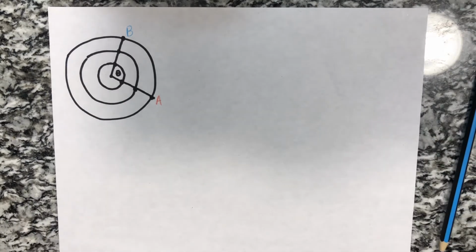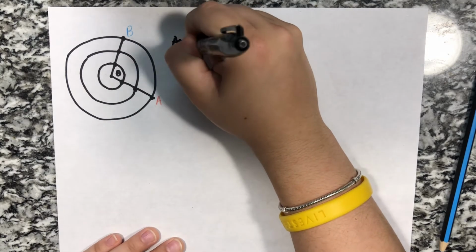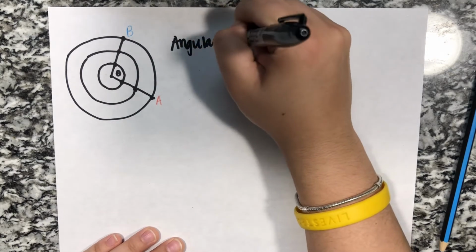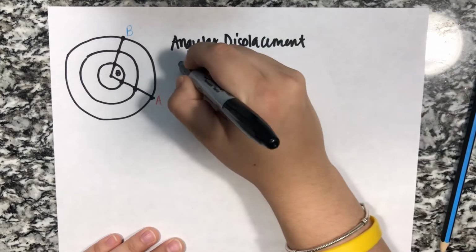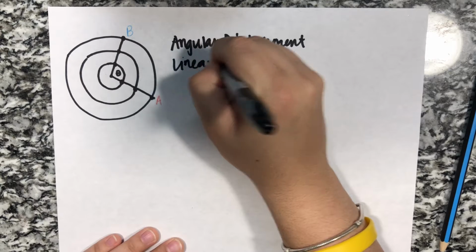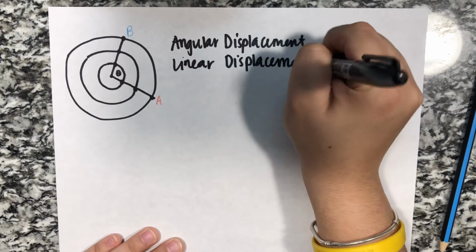So the question is asking what happens to the angular displacement and what happens to the linear displacement. We're going to check that out right now so I can show you what actually happens to these two quantities.